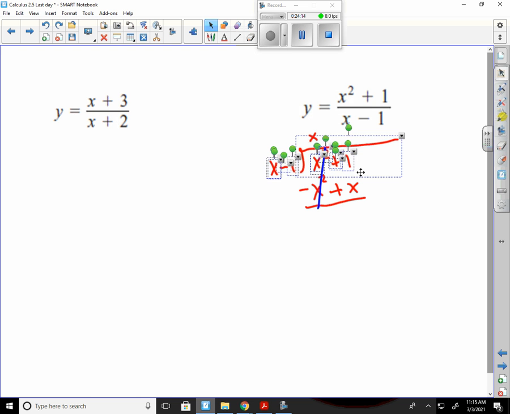You can leave a placeholder of 0x to make sure that you don't try to add the 1 and the x together and call that 2x. This is just x plus 1. Bring down that 1. If you can see it without adding the placeholder in, that's fine, but make sure that you don't make a careless mistake. I can't add 1 plus x, so I'll leave it as x plus 1.